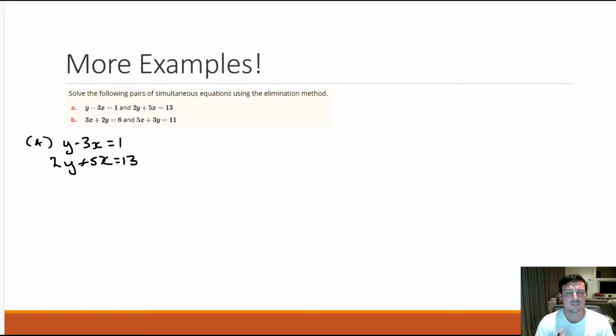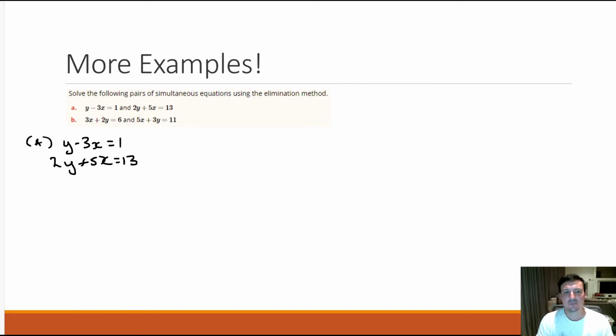They don't have the same magnitude. One is 1y, one is 2y. And if we look at the x's, they also don't have the same magnitude. One has a 3 in front of it and one has a 5 in front of it. So what that means is I have to change the equation so that one of them has the same magnitude as the other.